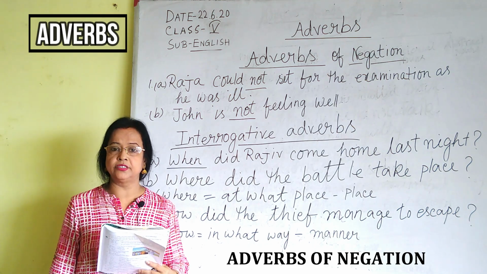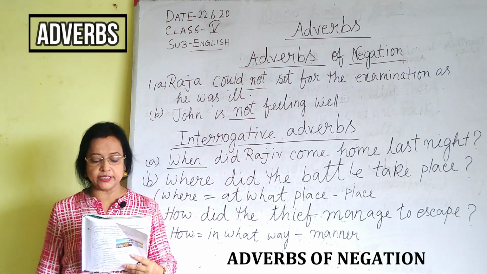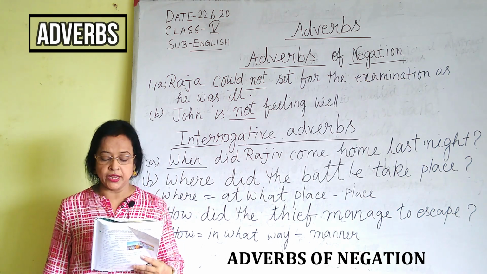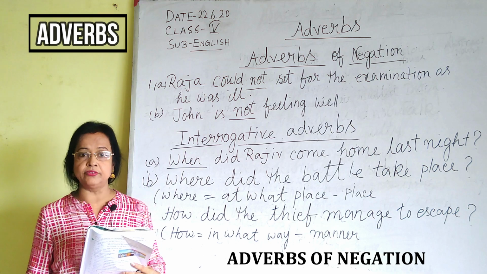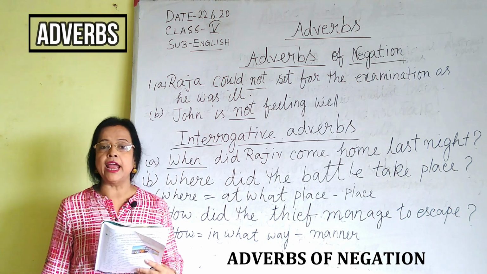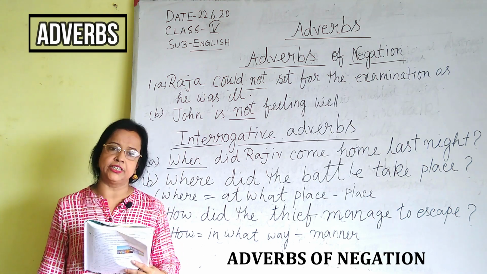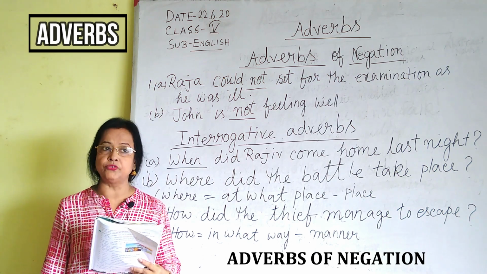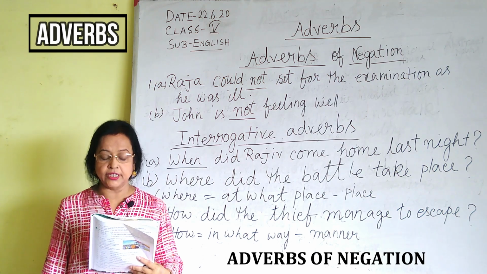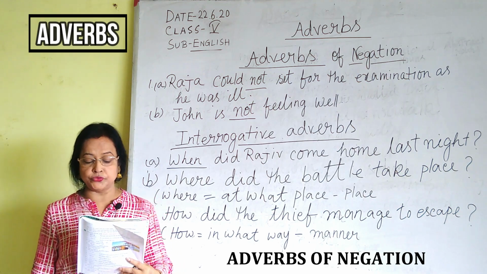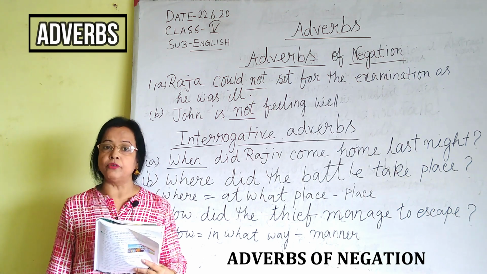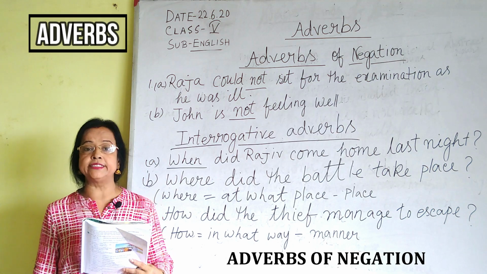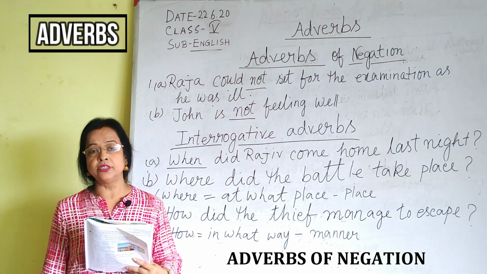Such a word like not that is used to form the negative of a verb is known as an adverb of negation. Okay? Again I am telling, such a word like not that is used to form the negative of a verb is known as an adverb of negation.